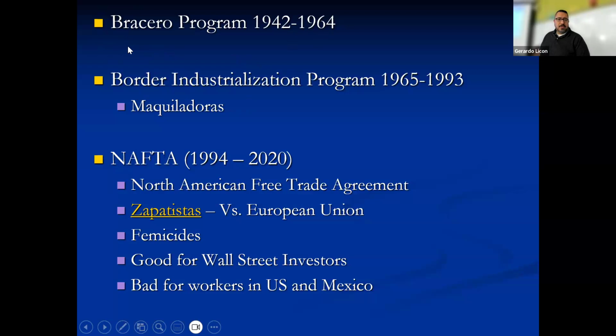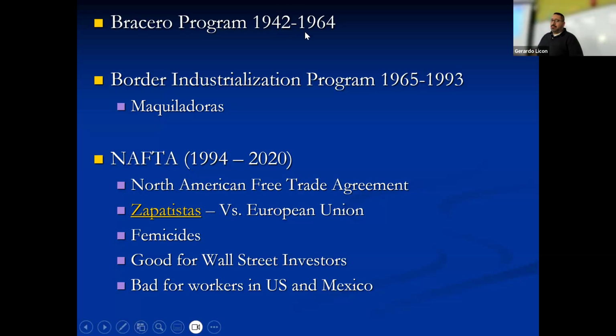So again, the Bracero program was an agreement between the United States and Mexico that started during World War II, intended to only be during World War II, because the United States had a labor shortage during World War II. So the two countries agreed to bring in Mexican workers to the United States to work in agriculture and railroads.